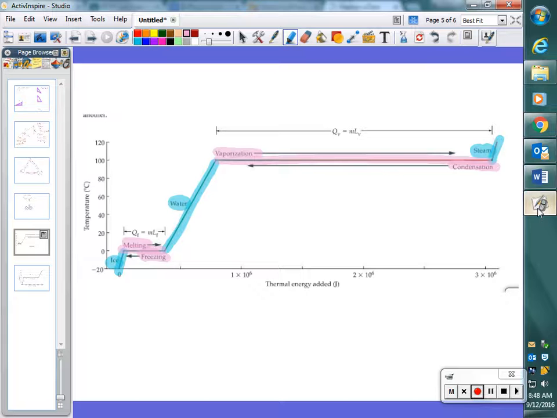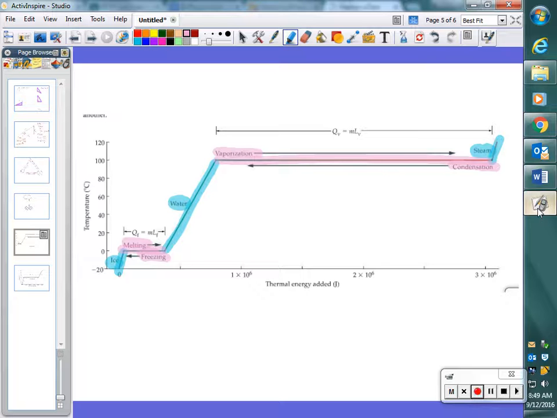What's going on there is that states of matter are controlled by two factors: motion of the particles and the arrangement or the attraction of those particles. When we go through phase changes, there's sort of a quote-unquote rearranging of those particles going on. We're messing with the attractions, or how those particles are oriented in relation to each other, instead of the actual motion of those particles.